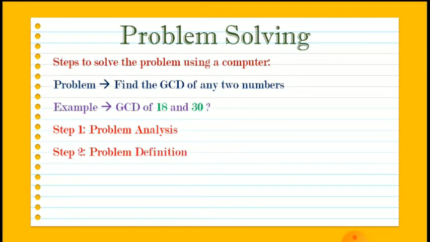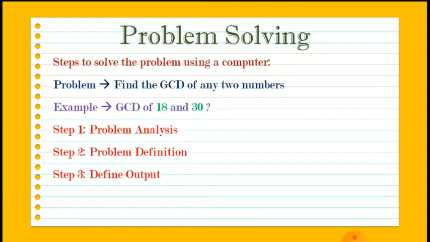Second step is problem definition. So if necessary, restate or redefine the given problem so that it is understood clearly what is to be done. If there is any confusion in analyzing the GCD problem in the first step, you have to clear that doubt in the second step.